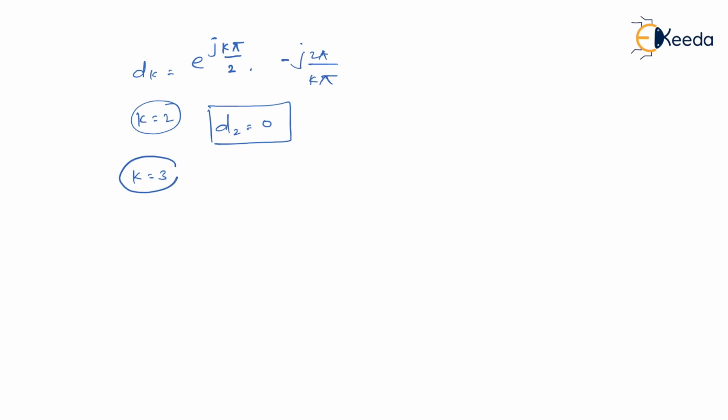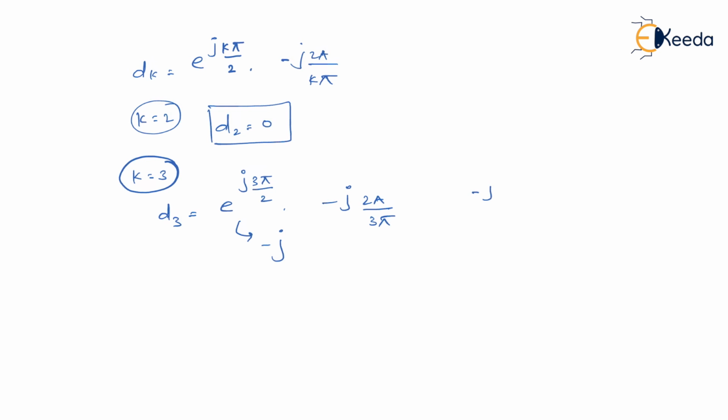Then for k equal to 3, I'll go for d3, which is equal to e to the power j 3 pi by 2 times minus j 2a by 3 pi, because k equals 3. Now, e to the power j 3 pi by 2 is minus j.